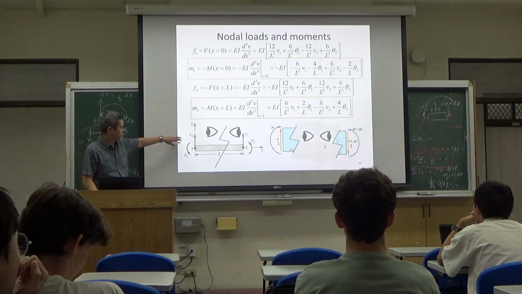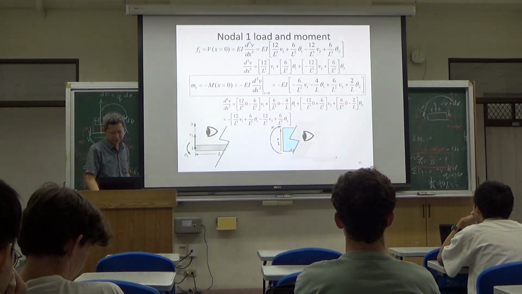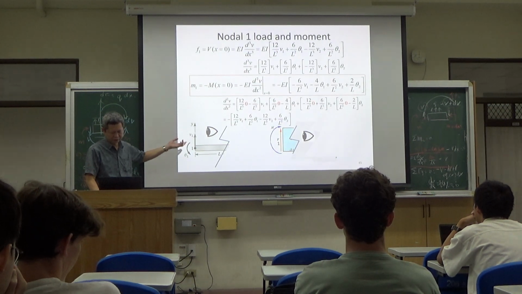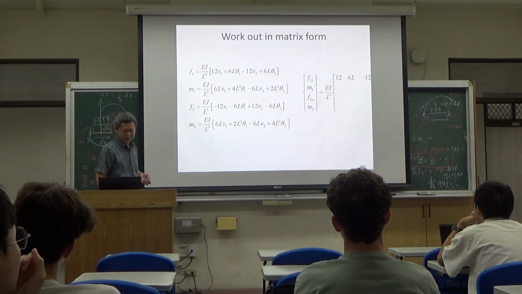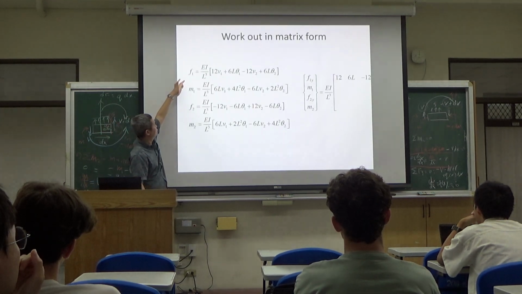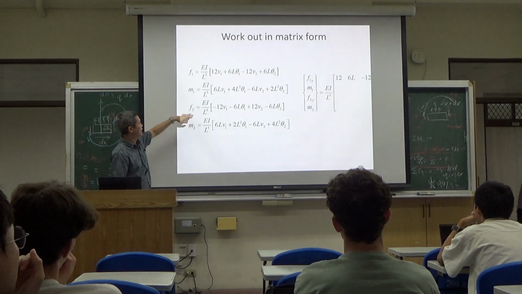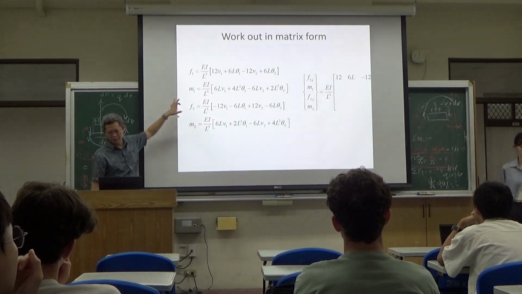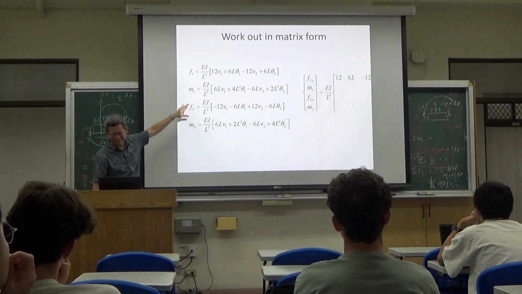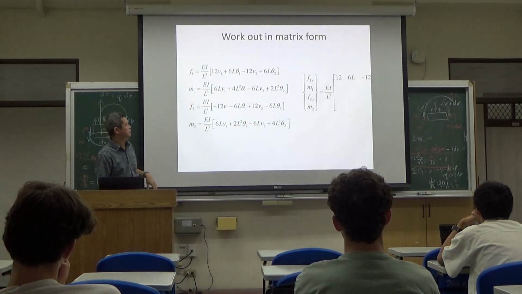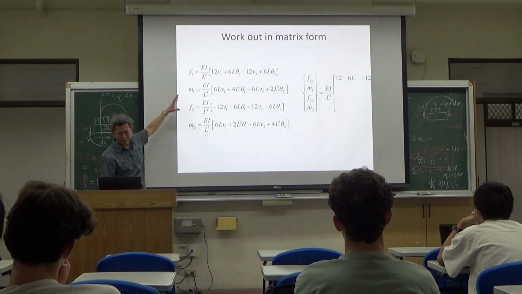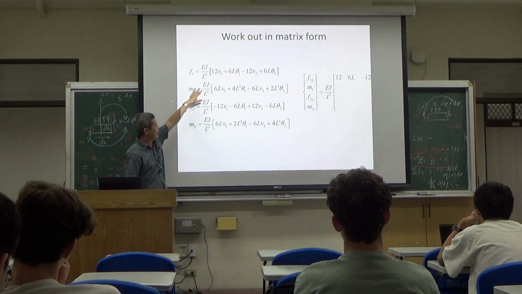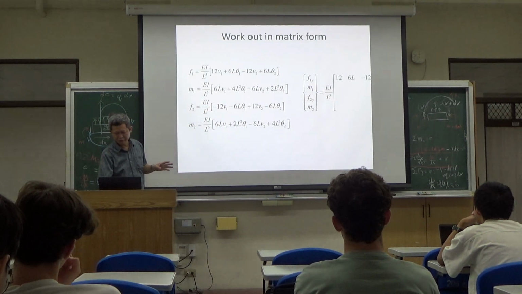Okay. So once you have that convention taken, you have all the forces, F1, M1, F2, M2. Now you write the forces F1, M1, F2, M2. They are all functions of boundary value. I have 4 equations in terms of force and moment, but they are all expressed in terms of the boundary value.